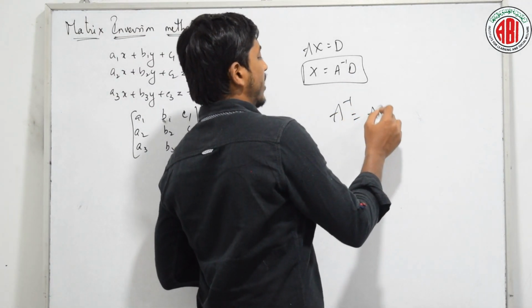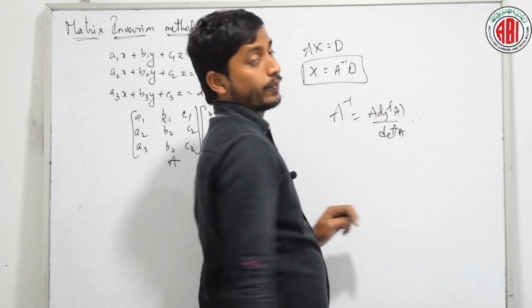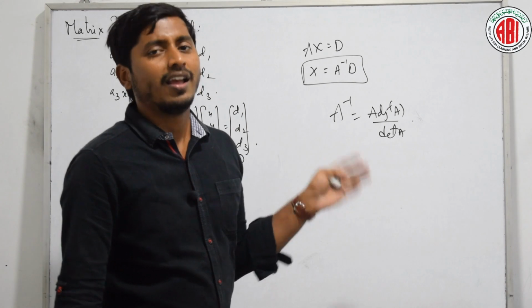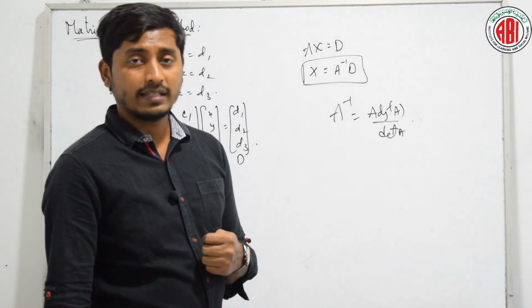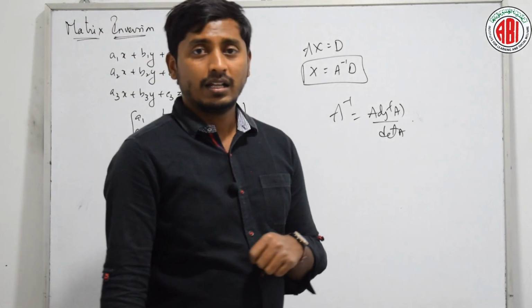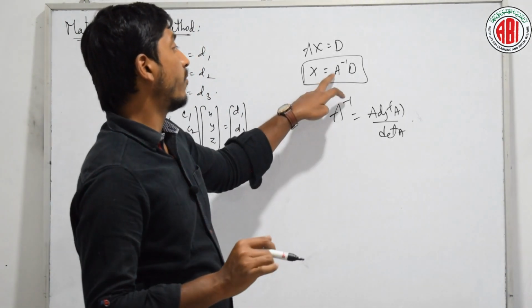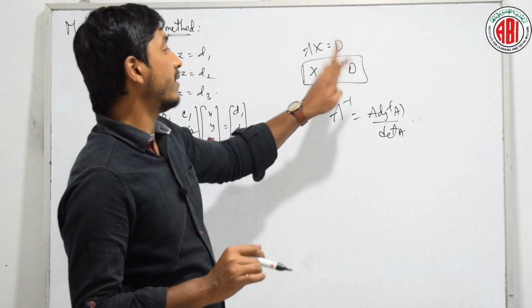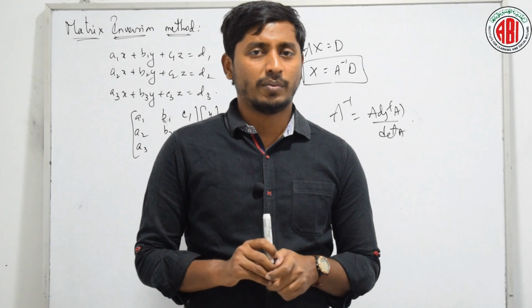A inverse is obviously my formula, adjoint A by det A. What is adjoint A? It is the transpose of my cofactor matrix. What we have to remember here is that I have to know how to find this A inverse and multiply it with the other matrix.